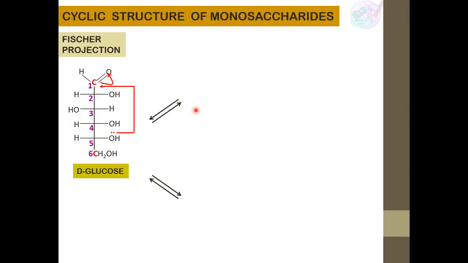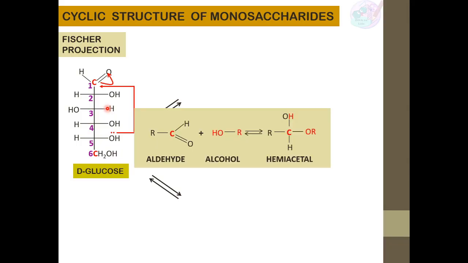Now we will see the cyclization of sugar. This is the open structure; how is the cyclic structure actually formed? This is the basic chemical reaction between an aldehyde and an alcohol which forms a hemiacetal group. So this is the hemiacetal formation.